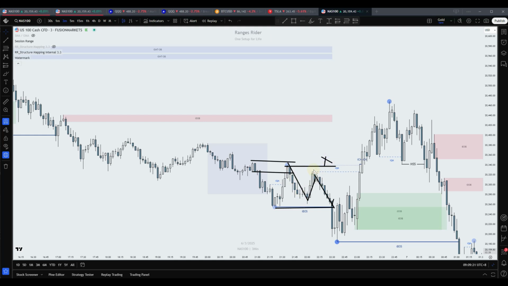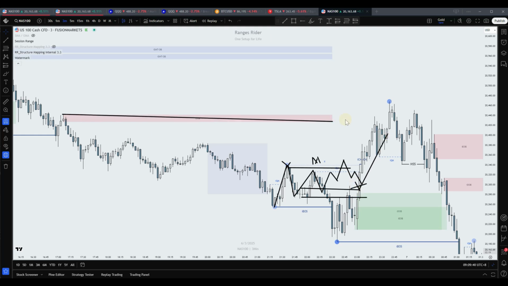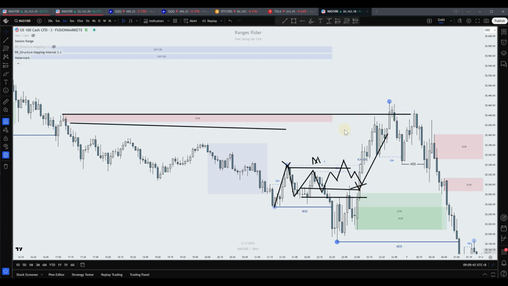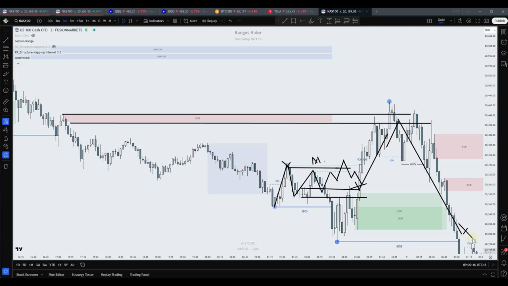So if the market, after QM, this is the leg, and it fails and it turns here, and now we have the market structure shift, and now we are looking for buy here and then we can target until the DOB, and from the DOB we are targeting another break of structure.